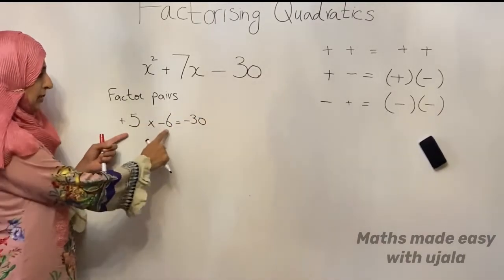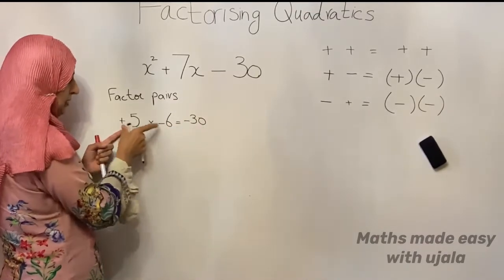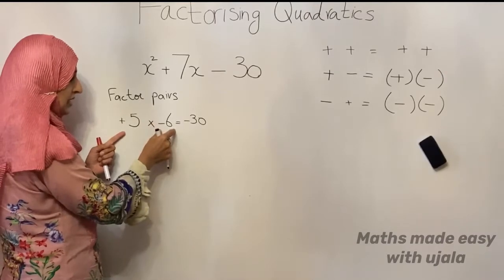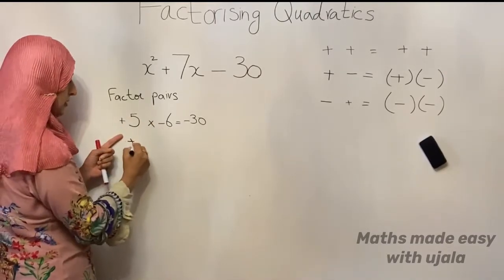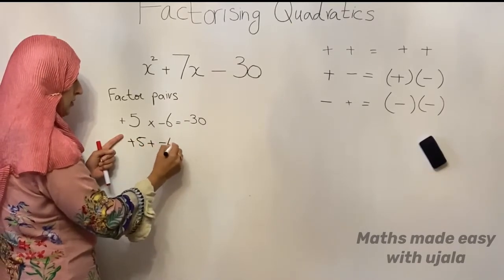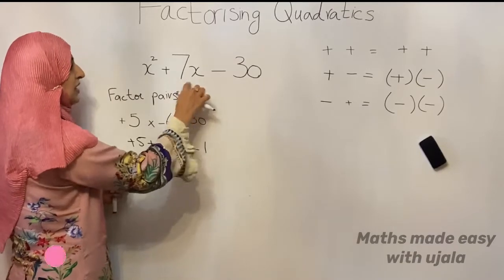I'm writing this pair just to show that minus 30 is the answer if you multiply plus 5 times minus 6. But if you add them, plus 5 minus 6, the answer is minus 1. It is not plus 7.